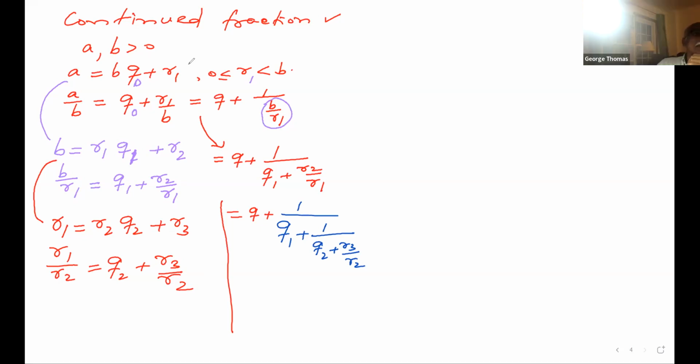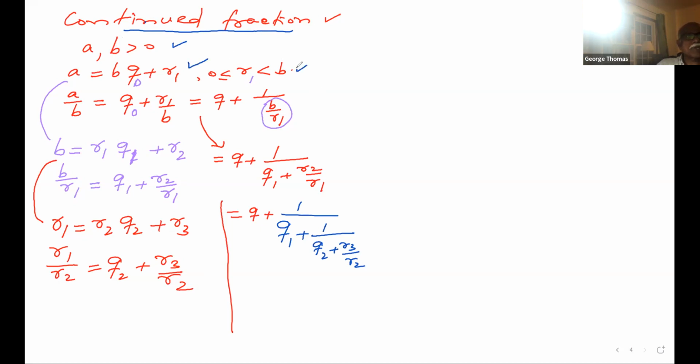Okay, let's go back here. A continued fraction can be obtained using the Euclidean algorithm. Start with two numbers, one of them bigger than 0. Apply the division algorithm.